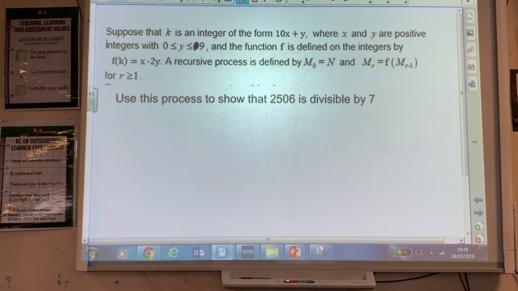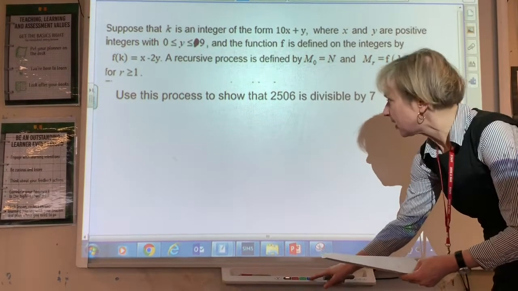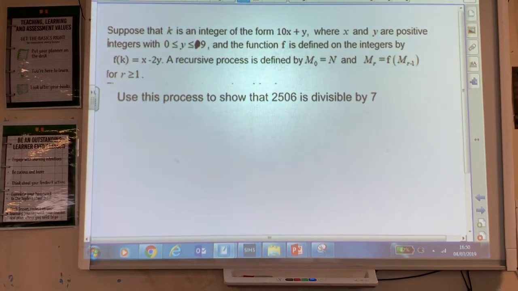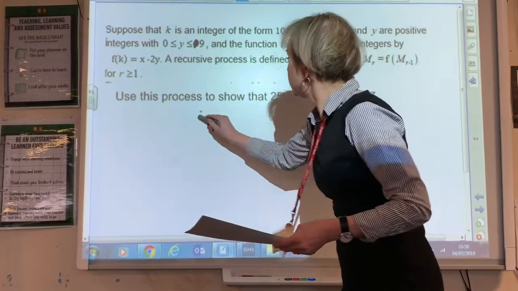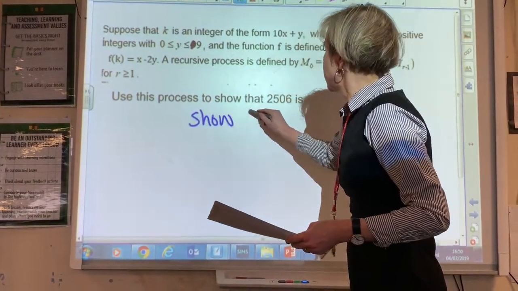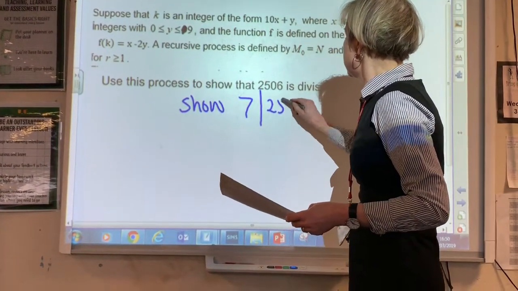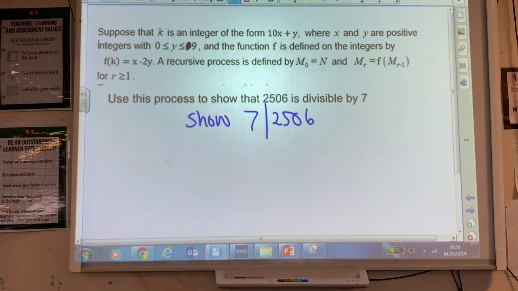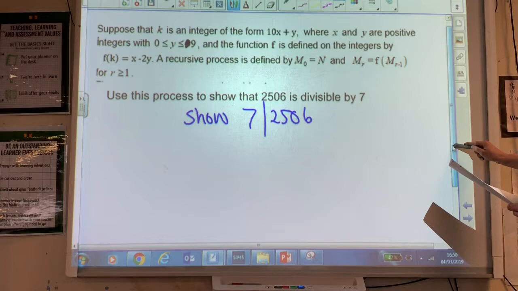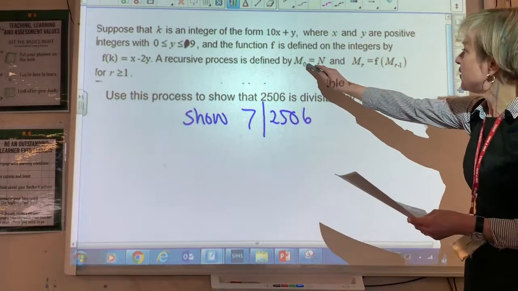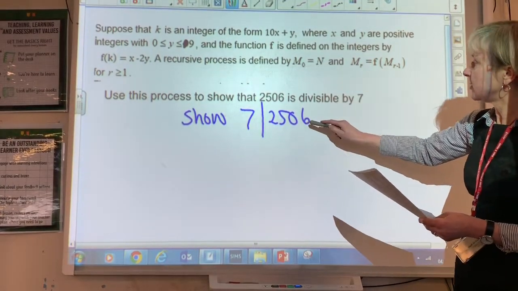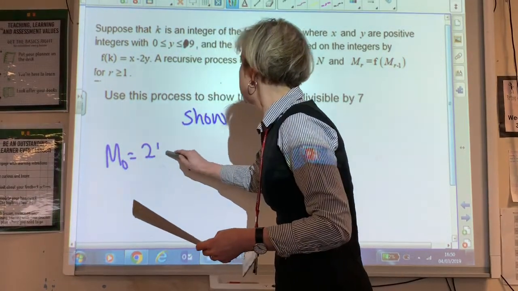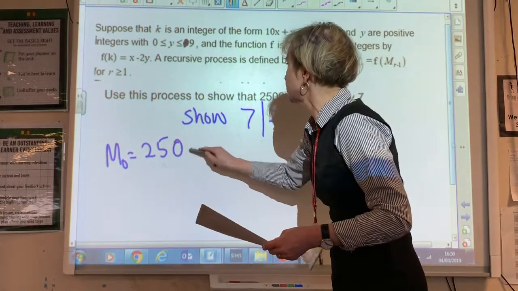What we do is take the number that we want to show is divisible by 7. So we want to show that 2,506 is divisible by 7. What this iteration does is it lets our first iterate equal our number. So M0 is 2506.